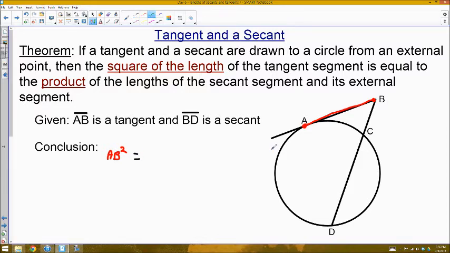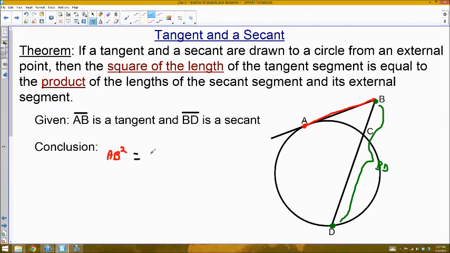the product of the entire secant segment, which is the length from the common external point to where that segment hits the circle at the further point of intersection, that's BD in this case.